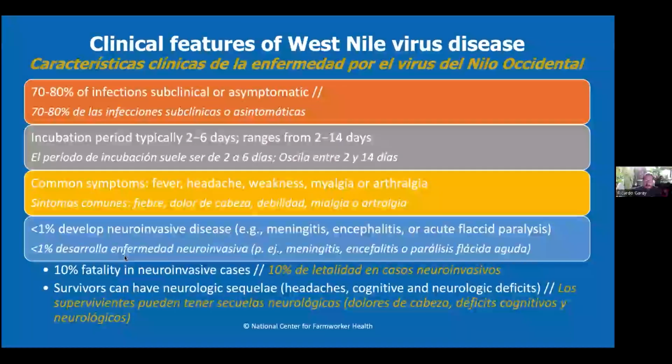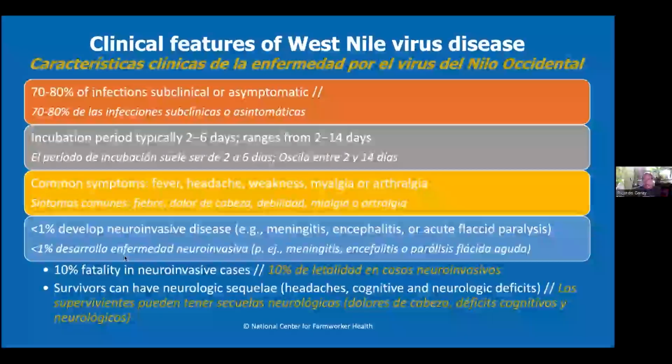Less than 1% are neuroinvasive, like meningitis, encephalitis, or acute flaccid paralysis, more serious illnesses caused by this neuroinvasive nature. 10% of these neuroinvasive cases can become fatal.